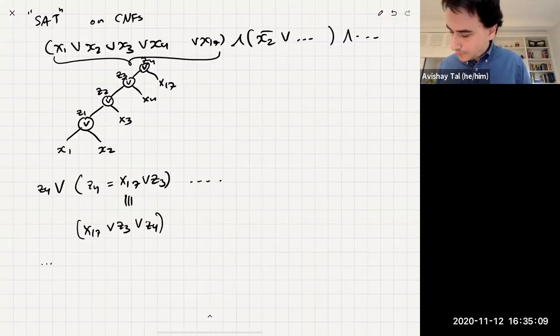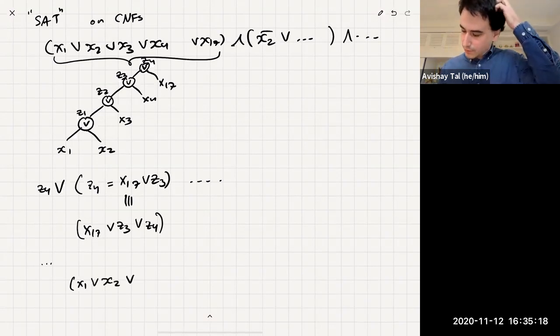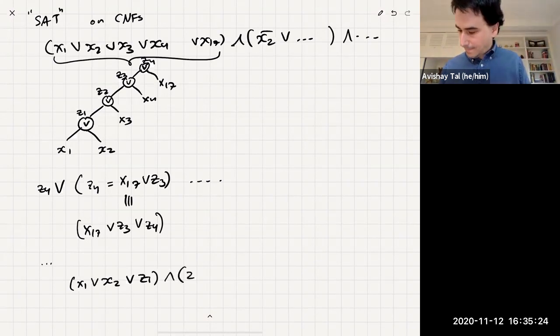What you would get is the following. The formula that you get is something like this: x1 or x2 or z1, z1 not or x3 or z2, z2 not or x4 or z3.